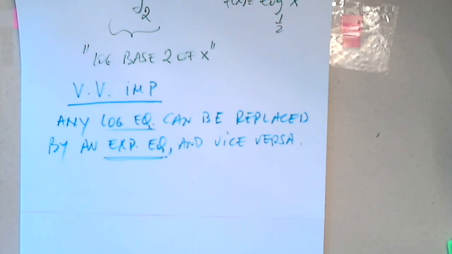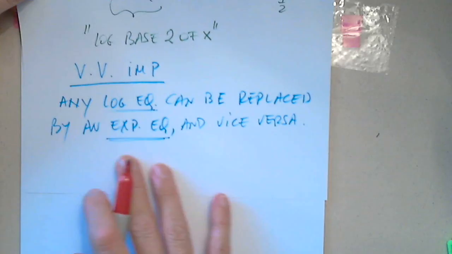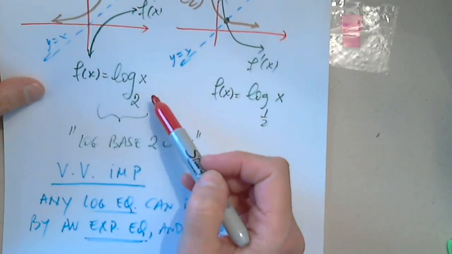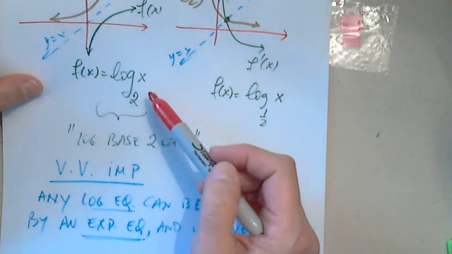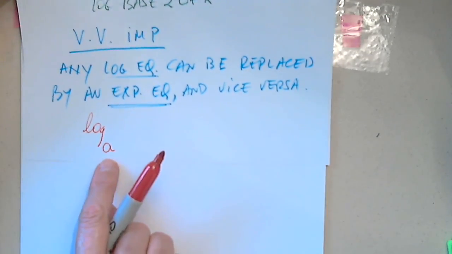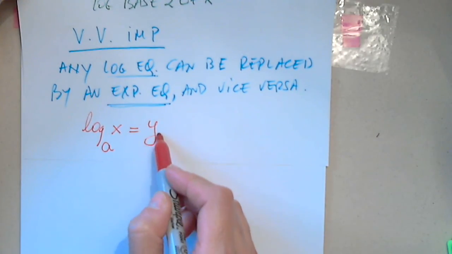And you can say, what's the big deal? And you will see why. We're going to use this all the time. Now, in mathematical terms, how do I express this? Log in any base A of x is just a number.